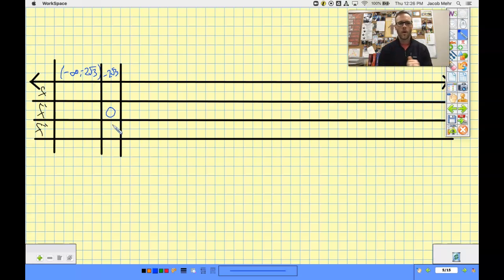Now, I'm going to keep going here. I'm going to fill out the whole thing, then we'll come back through. So, our next interval goes from negative 2 root 3 to that next important value, either a critical number, point of inflection, or a value not in the domain. And the next value of those is where the vertical asymptote is at negative 2.